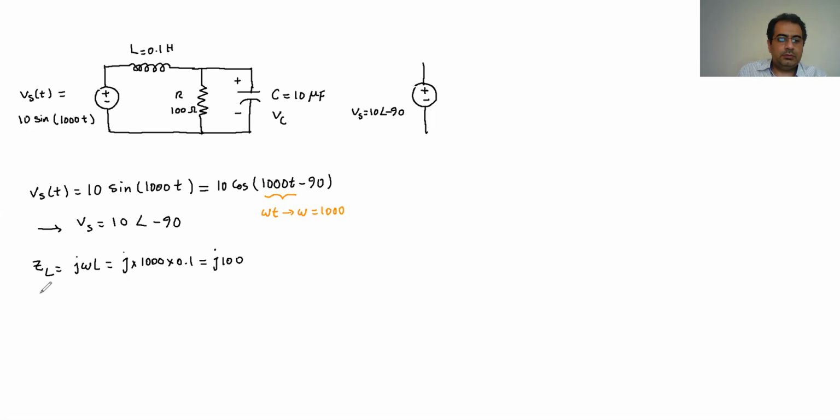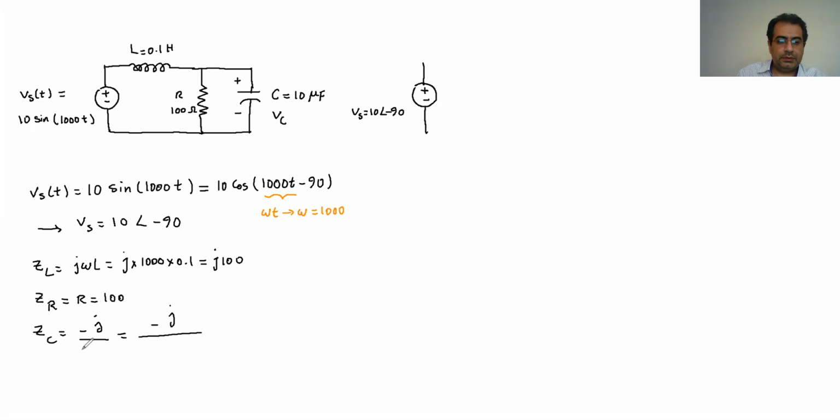For the resistor, ZR is simply R, so it's going to be 100. And for the capacitor, ZC is negative j divided by omega C. Usually we write it the same way.